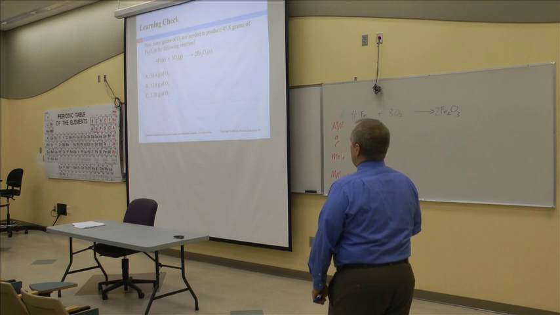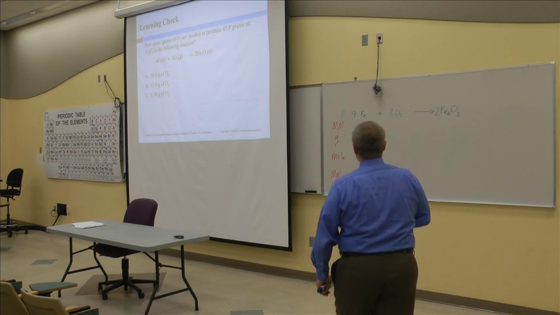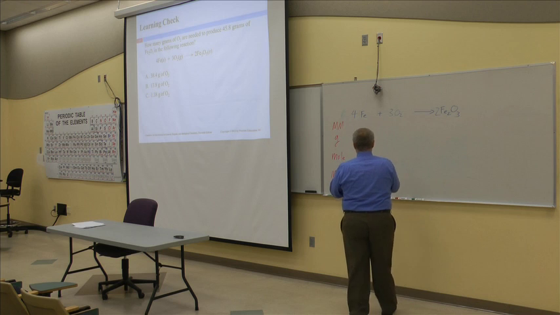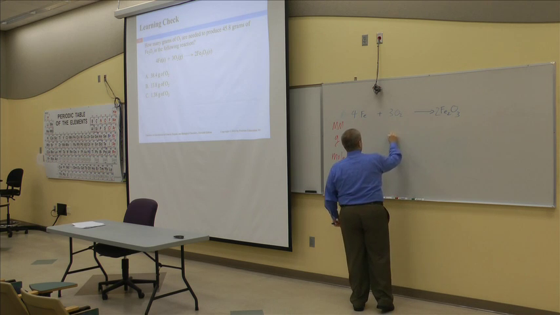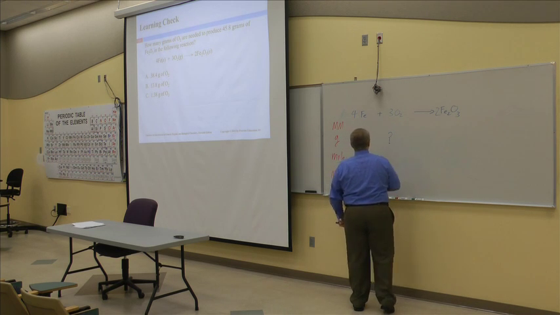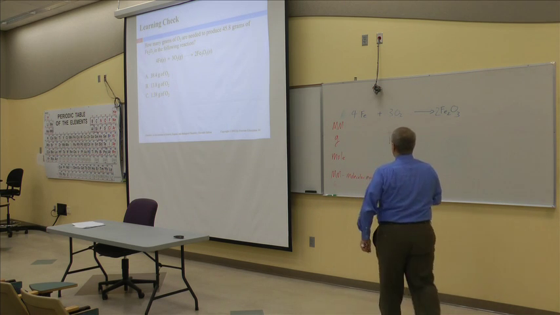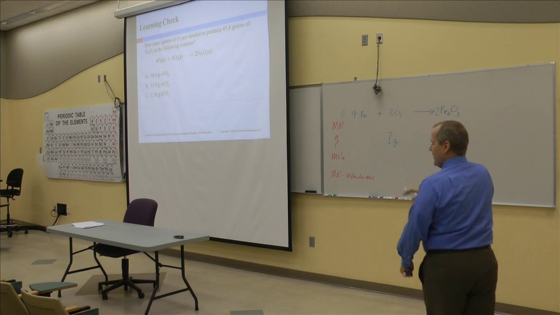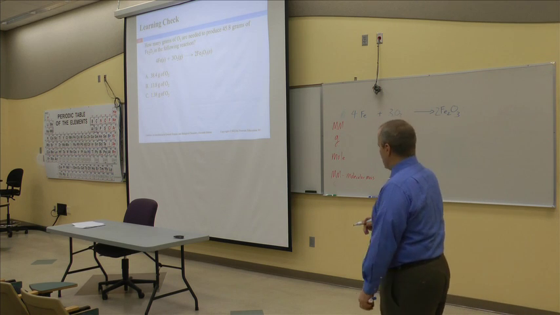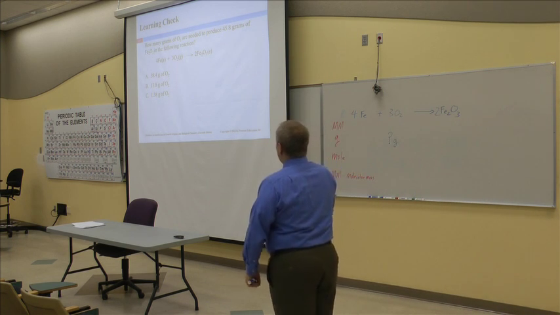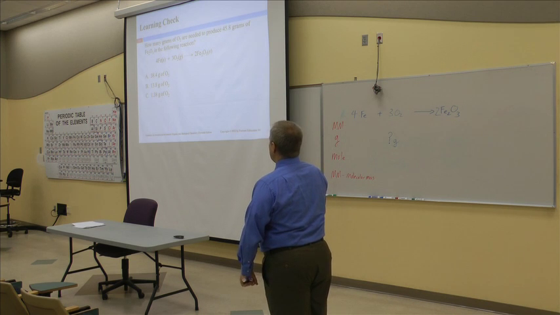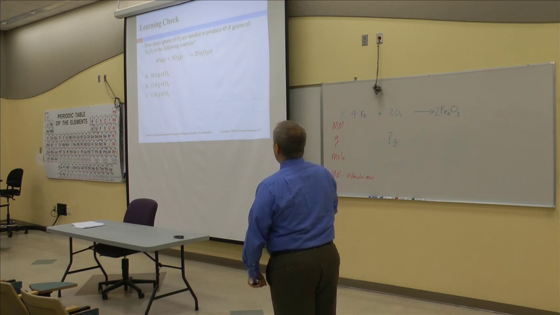I look at the question, I say, how many grams of O2? So I immediately go to the board, and I say, grams of O2 is the question mark, and put the unit beside it to remind yourself what you're doing. Grams of O2, I have no idea. No concept. Are needed to produce 45.8 grams of iron 3 oxide.